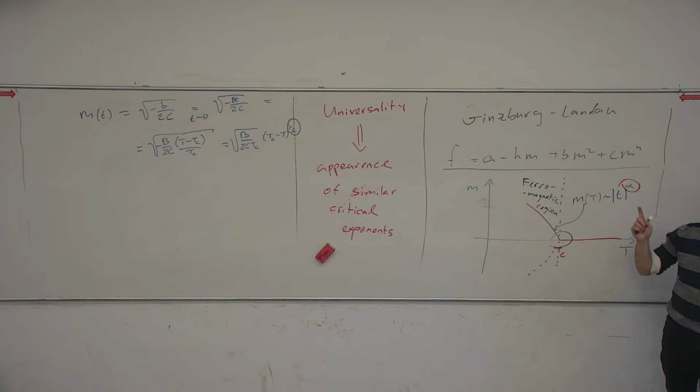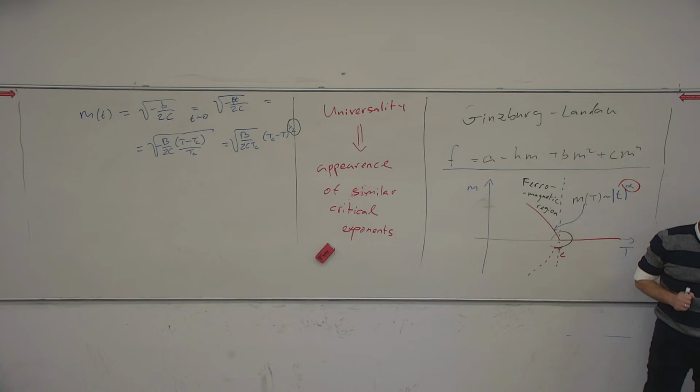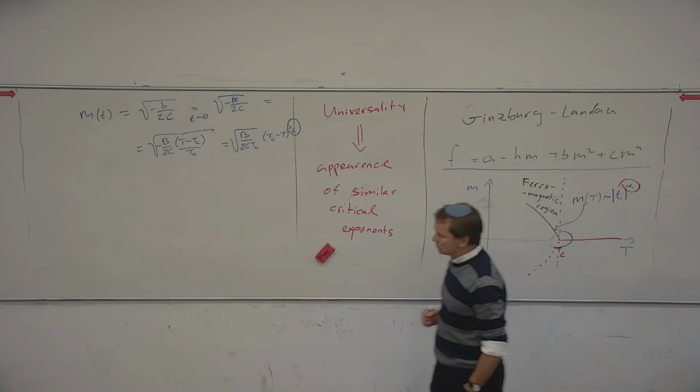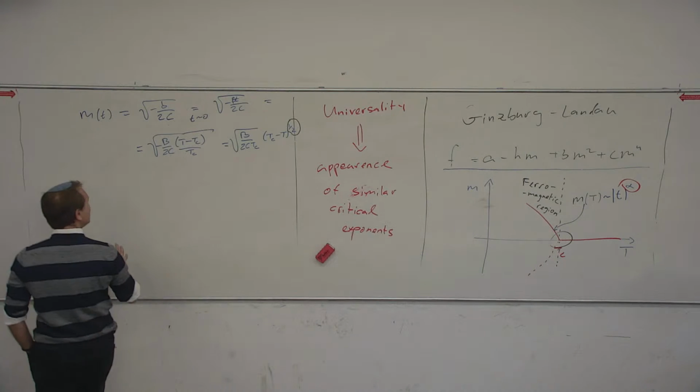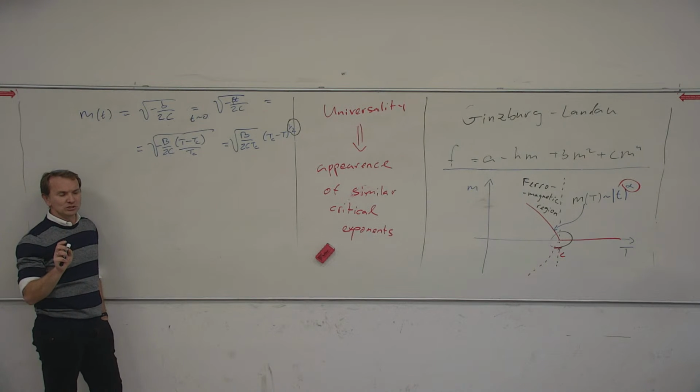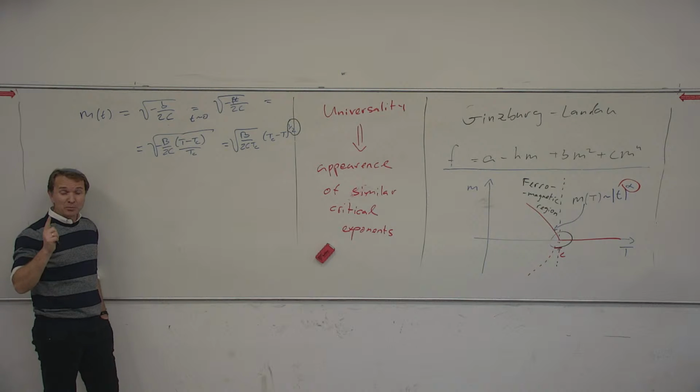Now, is this the right exponent? If I look at the true Ising model in 2 dimensions or the Ising model in 3 dimensions, remember, what we have solved is that we approximated the Ising model using the mean field approximation.